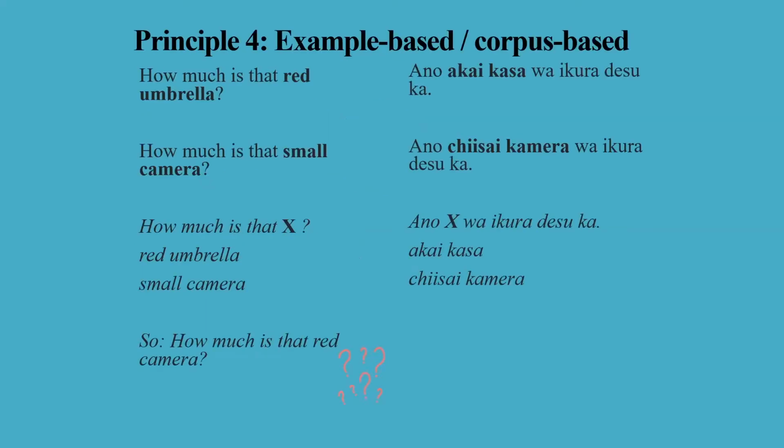I don't know how many of you, the students or participants of this meeting, know Japanese. If you don't, we can try to translate the last sentence. We already have: how much is that red umbrella, how much is that small camera. Then finally we are required to translate this sentence: how much is that red camera? We can have a try.